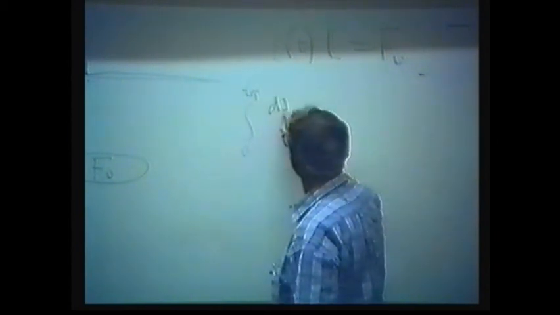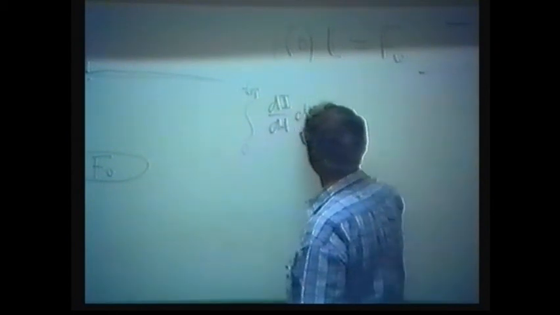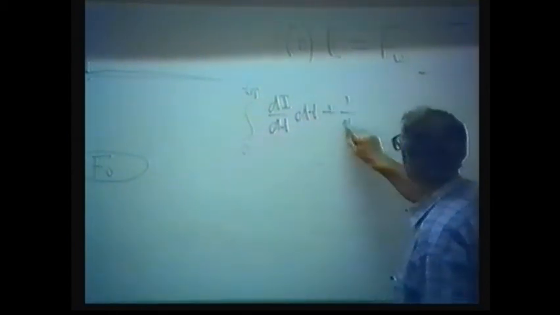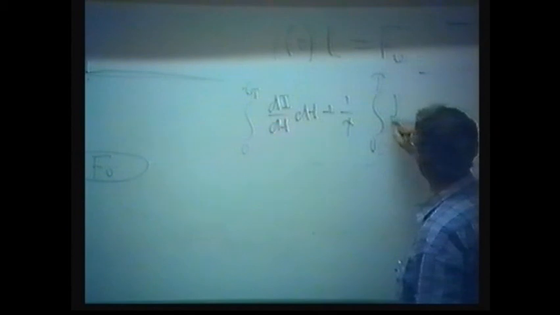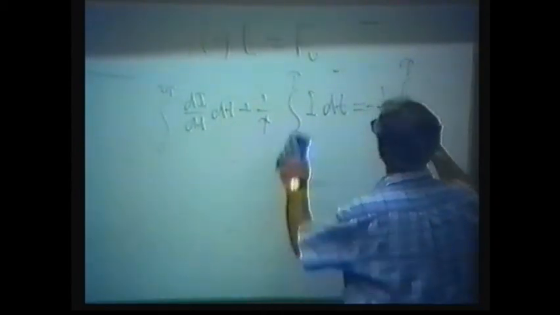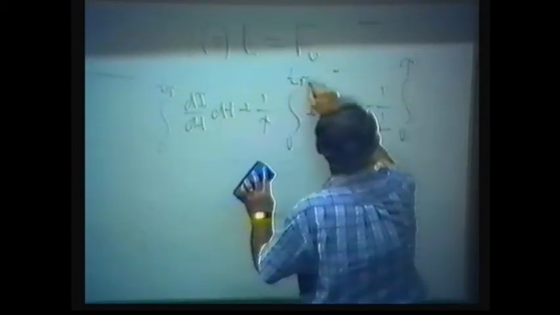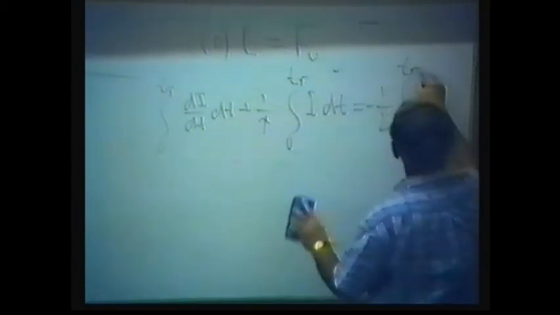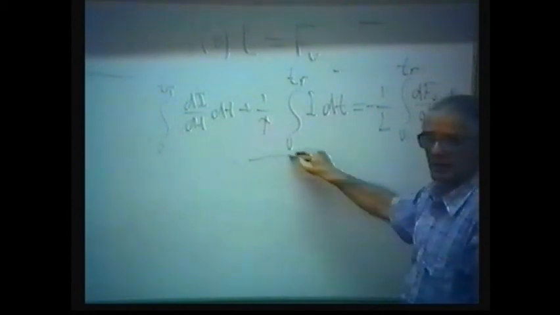Di dt, plus one divided by tau, integral from tau of I dt. That's the term I'm going to neglect. And equal to minus one divided by L, integral from tau, not tau, it's ramp time, all the same, and dF not dt. So we are talking about this term.